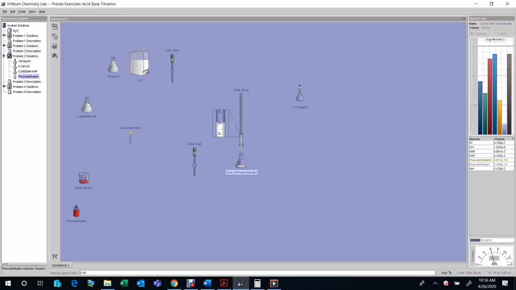You see, I click, you see the right bottom. We click pour, and when I click pour, the solution level decreases. What we need to pay attention to is when the color changes. Then we keep going. As I click pour, the solution level decreases.